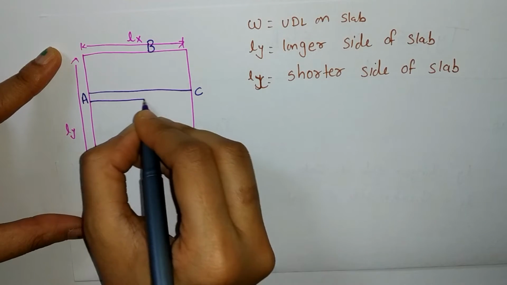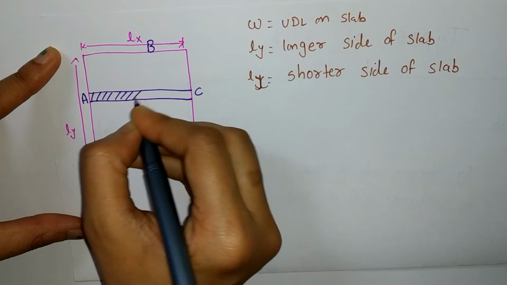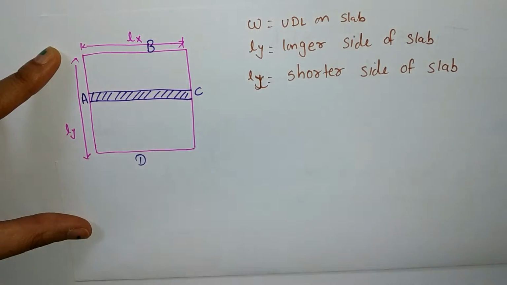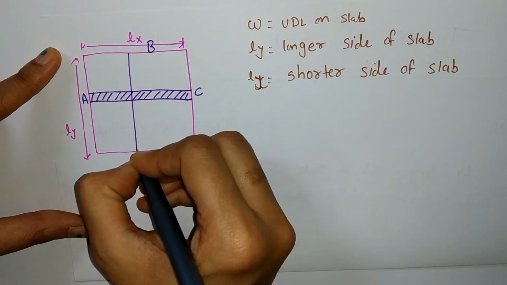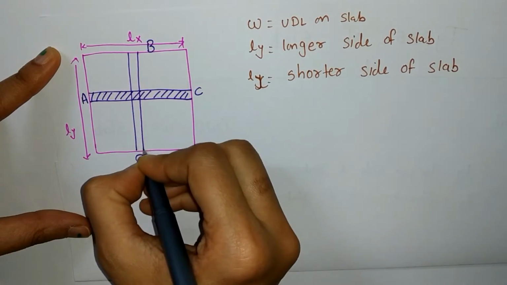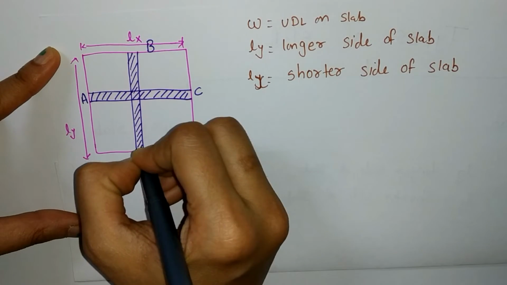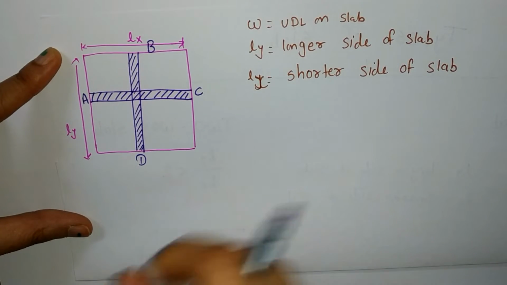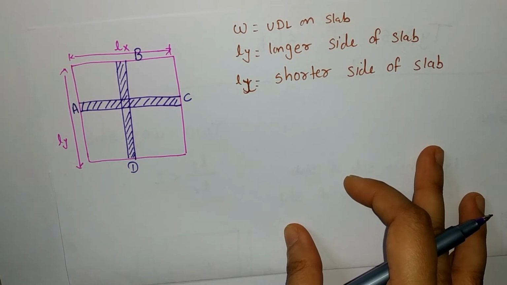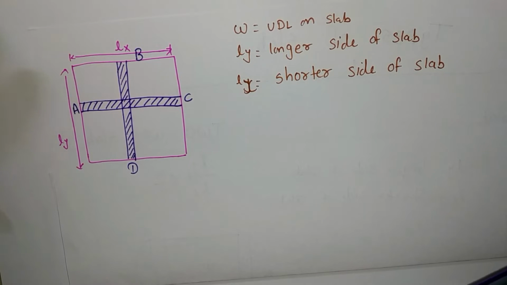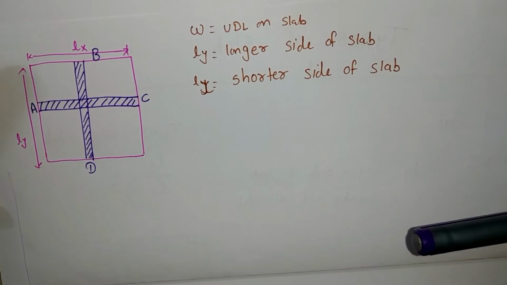I am taking these unit strips, AC and BD. The width of these strips is unit, as in 1, whatever the unit will be.